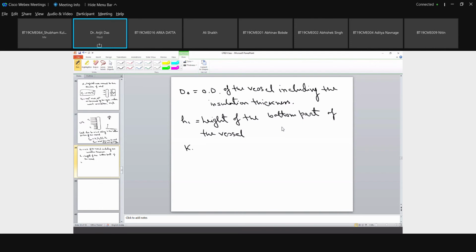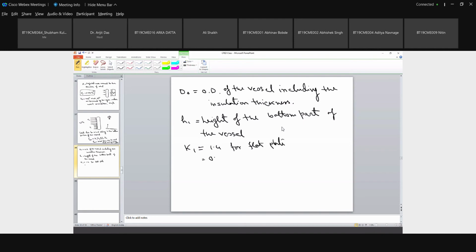What is K1? K1 and K2 are safety factors. This is a constant. K1 value is generally 1.4 for a flat plate or flat surface.